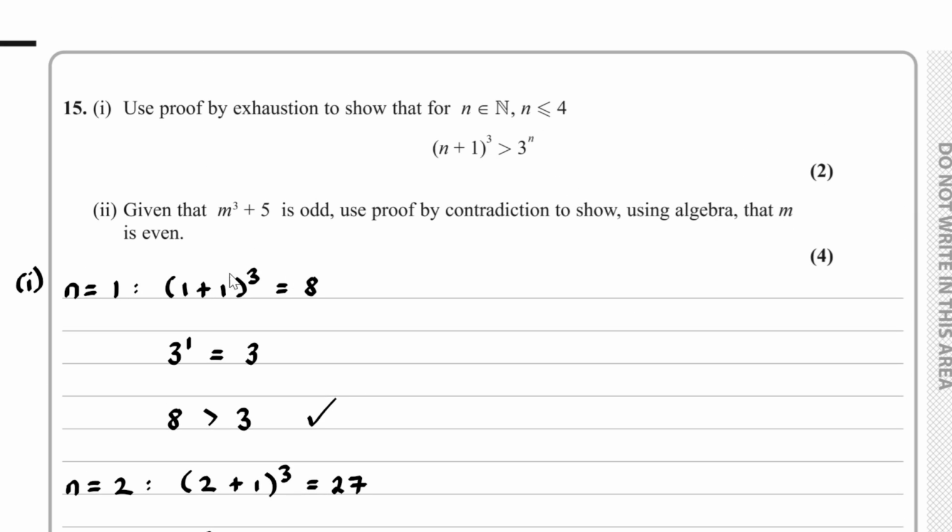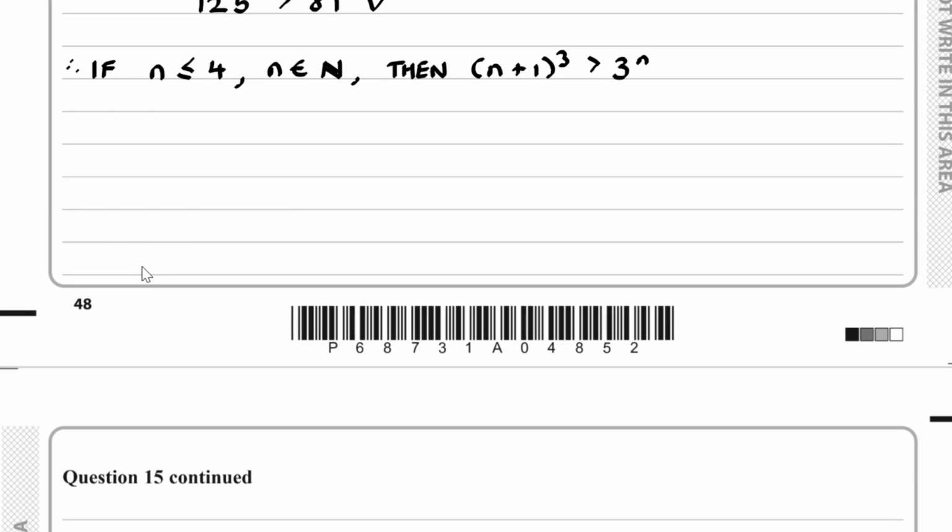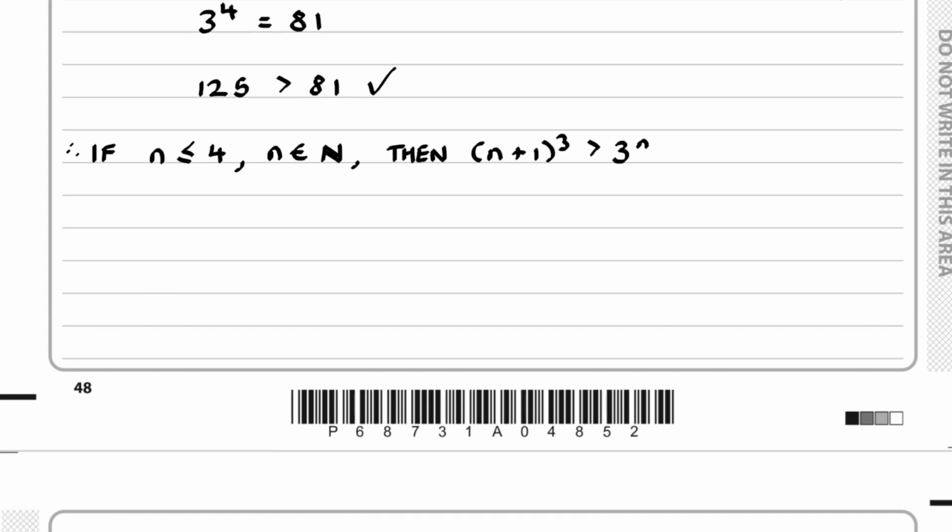If here the statement is m is even, then we begin by letting m be odd. And if m is odd, that implies that m can be written in the form 2p plus 1.